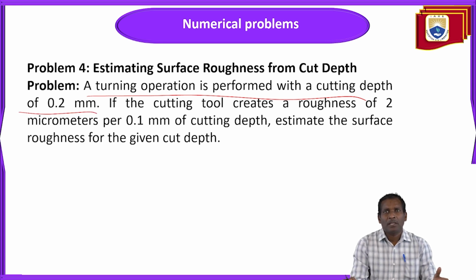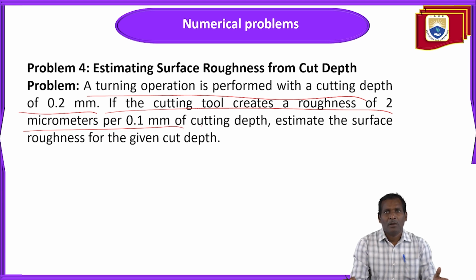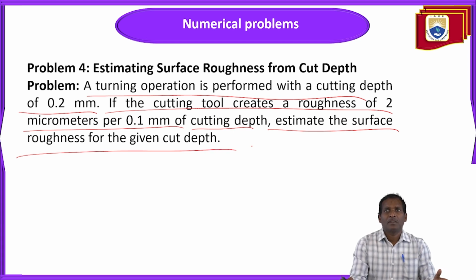If the cutting tool creates a roughness of 2 micrometers for 0.1 mm of cutting depth, estimate the surface roughness for the given cut depth. So the depth is 0.2 mm.